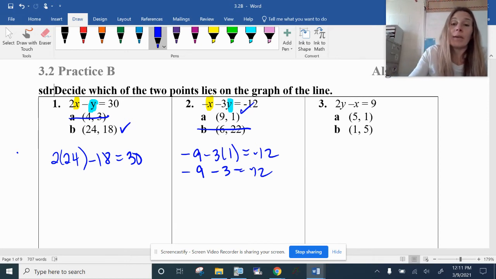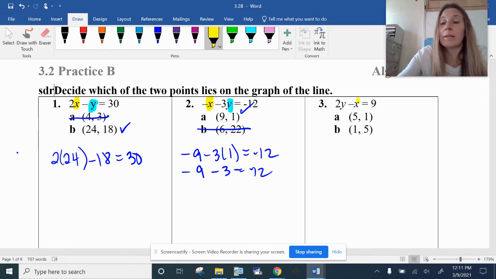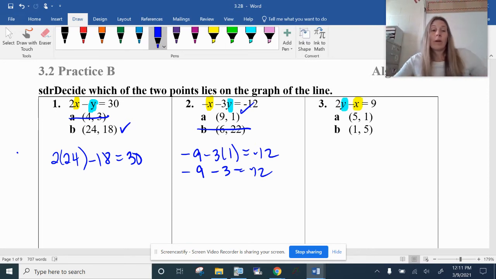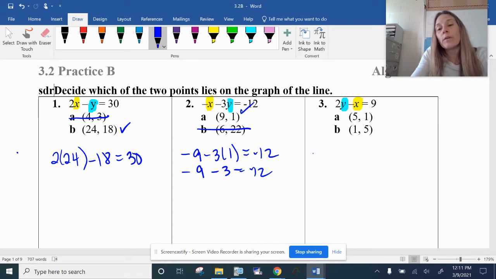And then for C, now be careful with C because the X is actually over here, and the Y is the one next to the 2. But on first glance, you might be on habit of putting the X first and then the Y second, so just be really careful. So if I do the first option, I'm actually putting the 1 in here for my y, and then I'm subtracting 5.